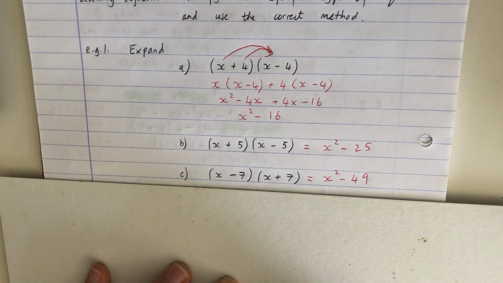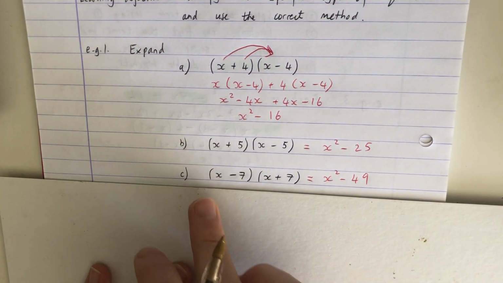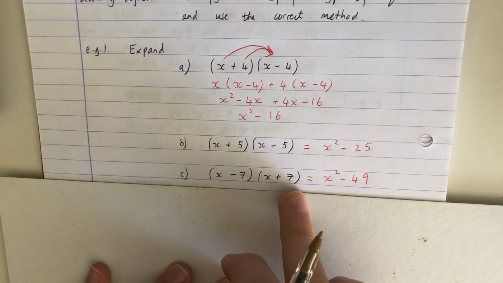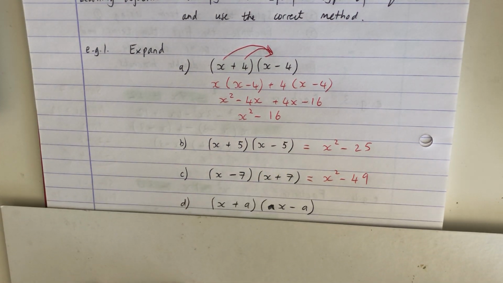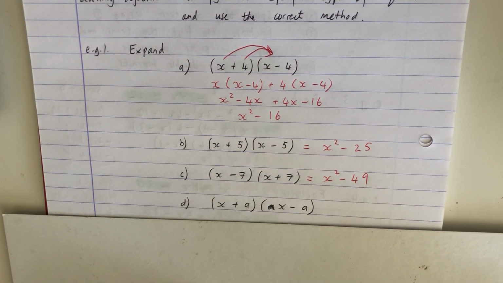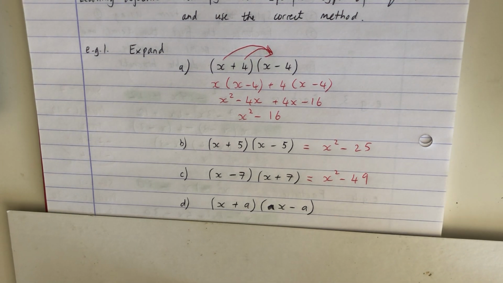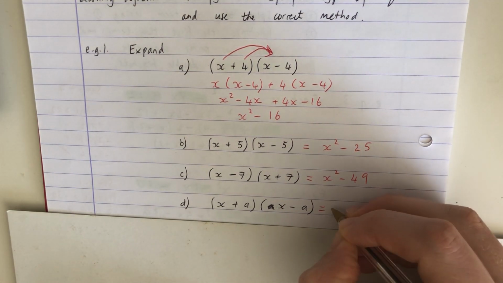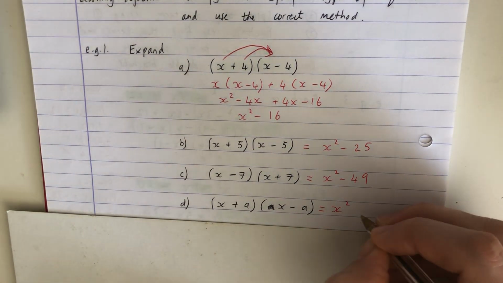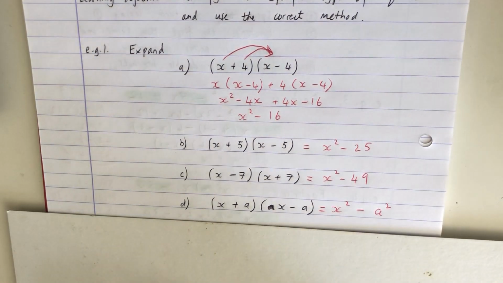And you can do this with anything as long as they look the same type, so an x and an x, a plus and a minus, and the same number. So what would (x + a)(x - a) expand to? And the answer would be x squared minus a squared.